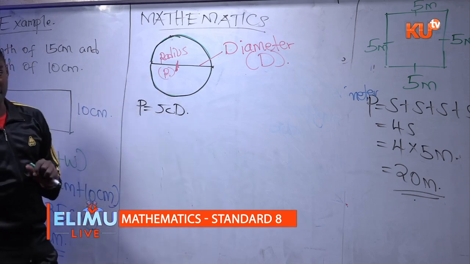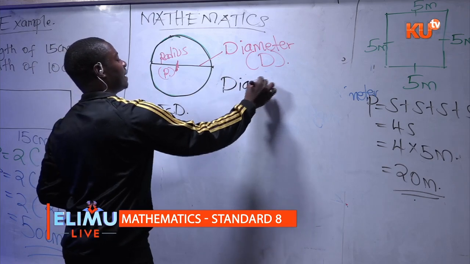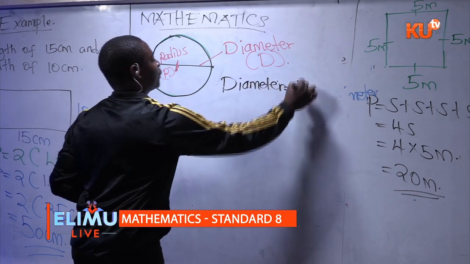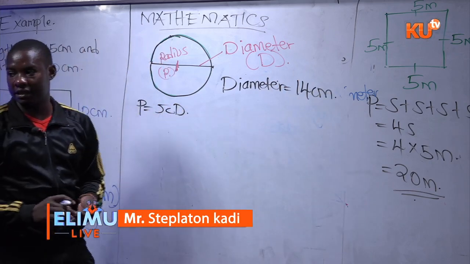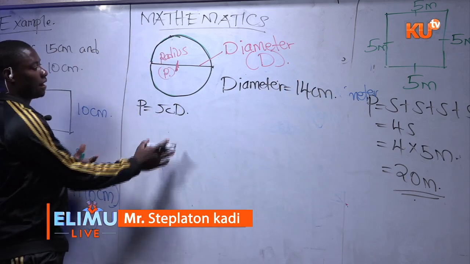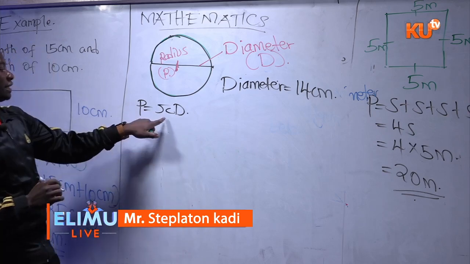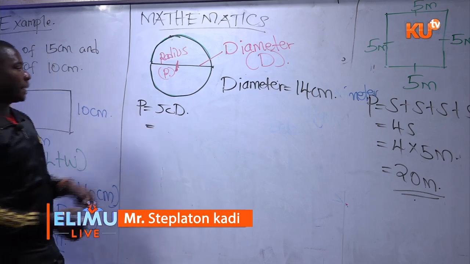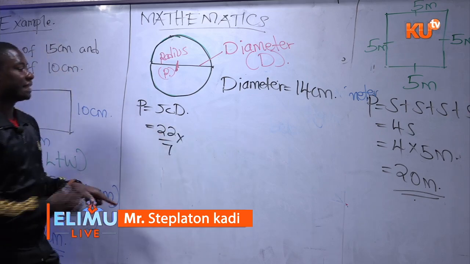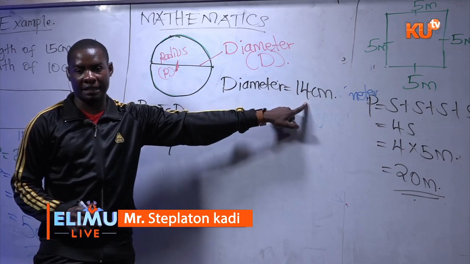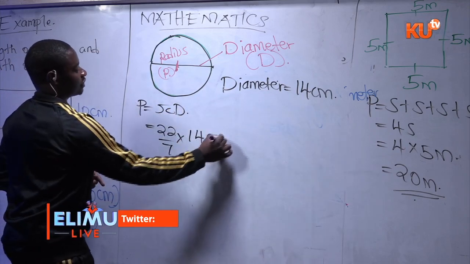So in this example, if you have been given the diameter as 14 centimeters, find the perimeter. The formula is perimeter equals pi d. Pi is 22/7 times diameter. Diameter is 14 centimeters, so times 14 centimeters.